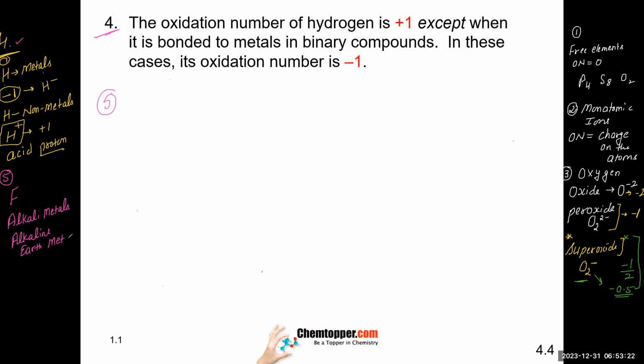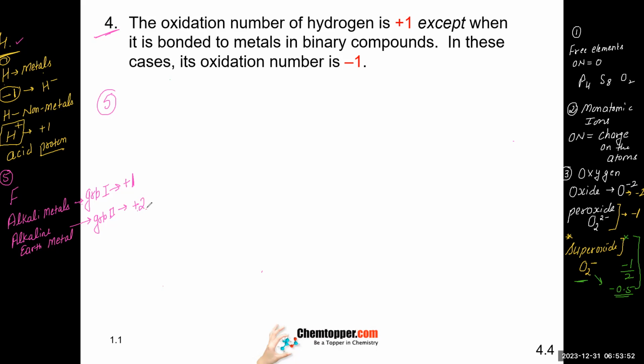Alkali metals are group number 1. Group number 1 elements are always plus 1. Always, right? Plus 1, Sanjana. And alkaline earth metals are group number 2. And group number 2 are always plus 2.